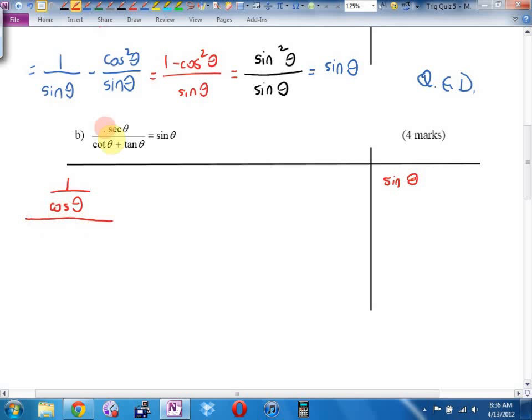All over cotangent, that's cos over sine, plus tangent is sine over cos. Alex, is this a complex fraction? It is. And it's not 1 fraction over 1 fraction. How do I divide by a fraction? Flip it and multiply. This is like more than 1 fraction over more than 1 fraction, or 1 fraction over more than 1 fraction, but multiple fractions somewhere.